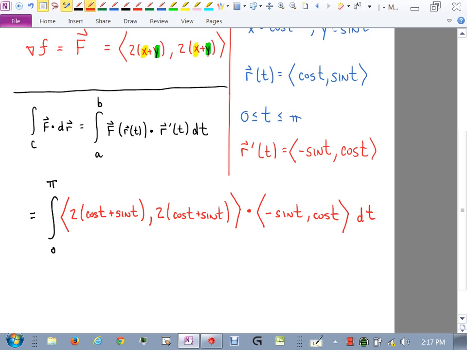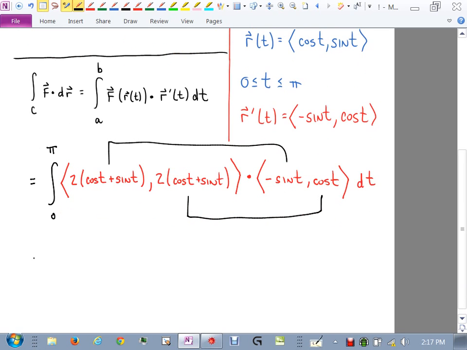I now have to dot two vectors. How do you dot these vectors? Good old dot product. All you do is take the first component here, multiply times the first component there, add to that the second with the second. So I should get the integral from 0 to pi. Distribute it through. I get negative 2 sine t cosine t, and then negative 2 sine squared t.